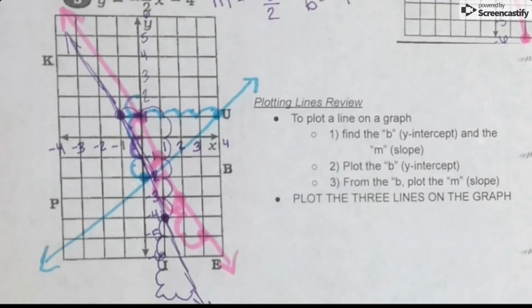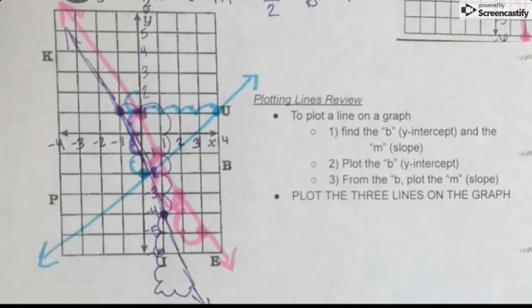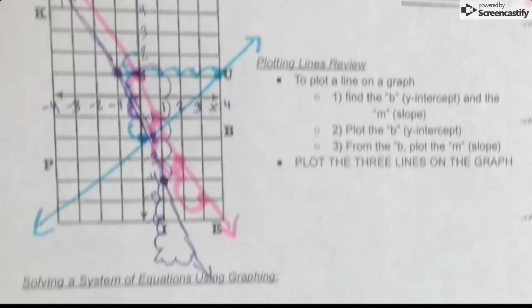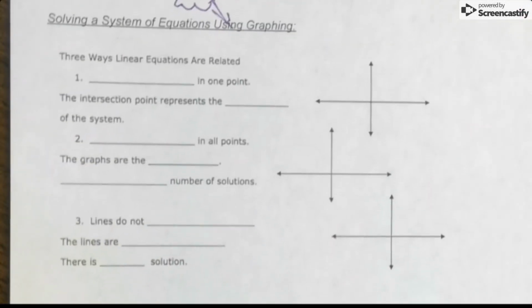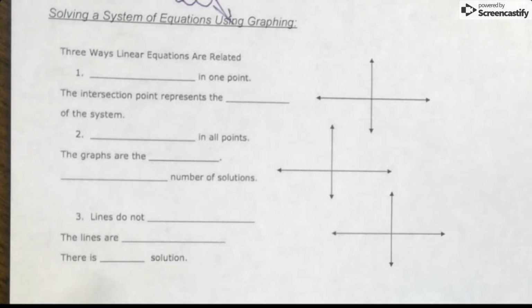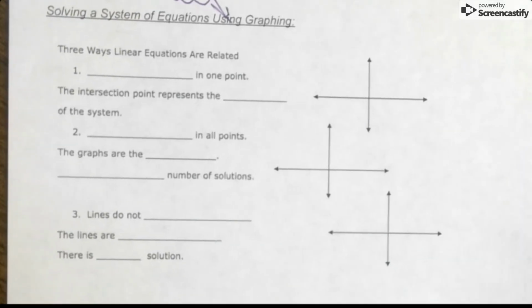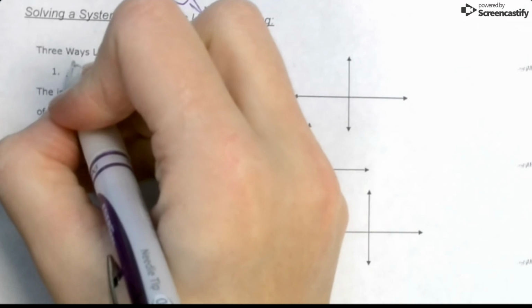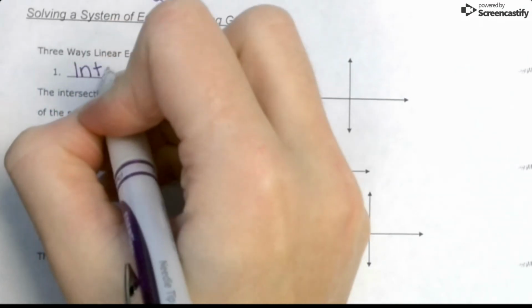If that was a little bit confusing, wait until we get to the next part and you'll feel a lot better. So, looking at the next piece, we're going to fill in some words. So, systems of linear equations are related. These are all about intersections or intersecting lines.